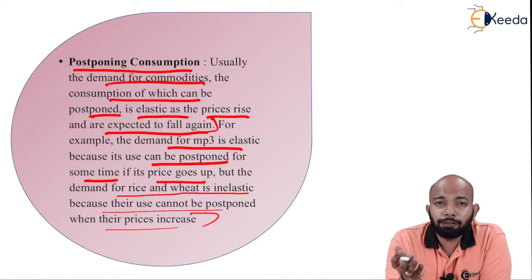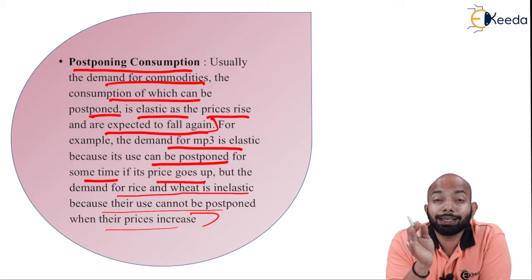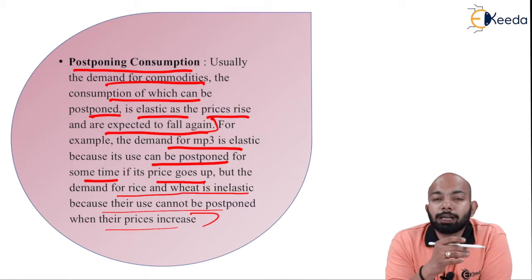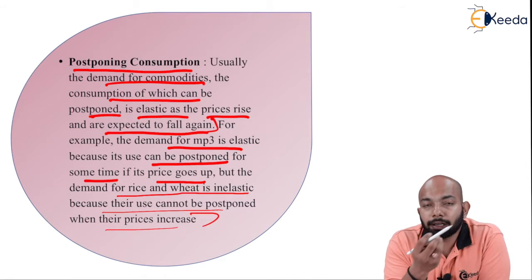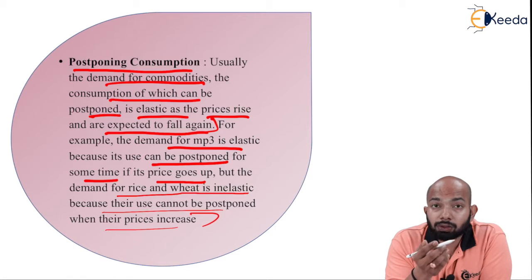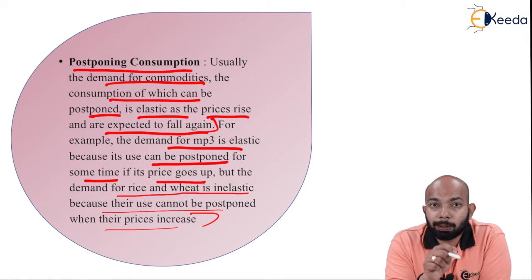You might use them for fun and entertainment, but in the day, are you going to work or just going to have fun? Unless you're on vacation, that is fine. But you need food. If you can skip food, then you can skip everything. But you're not able to skip food, because that is a basic necessity of your life. Hence that has a specific use which cannot be postponed.